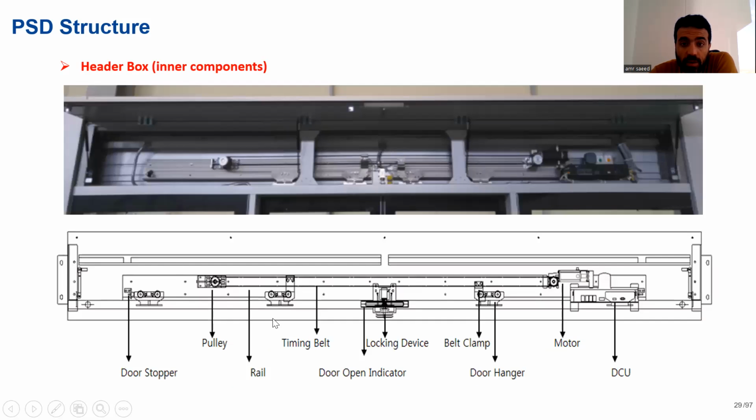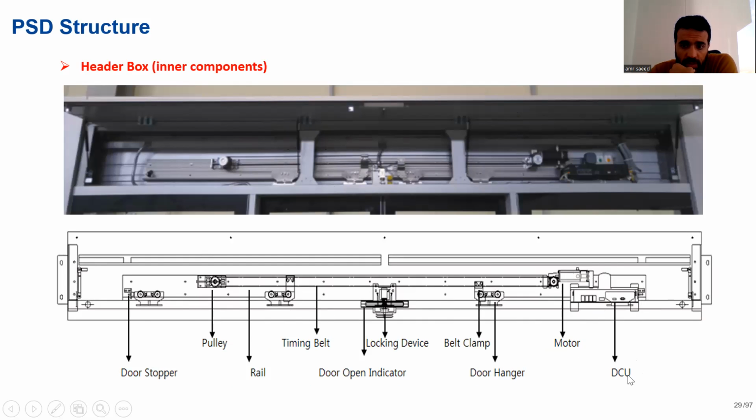In details, the inner components of header box, you can see it here. This is the drawing. This is the actual one on the side. You can find here DCU, a door control unit, which receives the signal from PSDCU to control the movement of MSD.